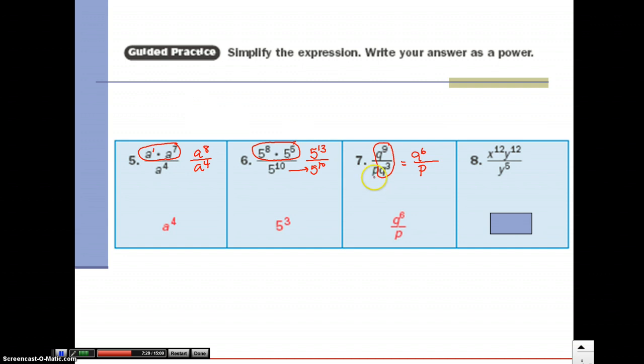Again, you don't do anything with the p, just leave it where it is, in the space where it is. For number 8, the x is in the numerator, so that's why we're going to leave it in the numerator. However, when I do 12 minus 5, that's also in the numerator. So there's nothing in the denominator except 1, which we don't need. So you have x to the 12th power, y to the 7th.